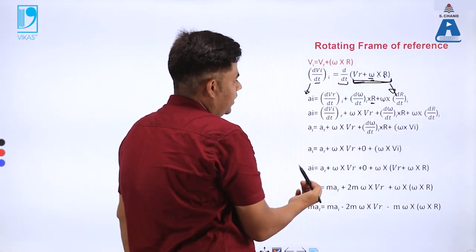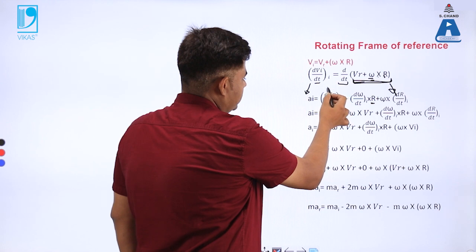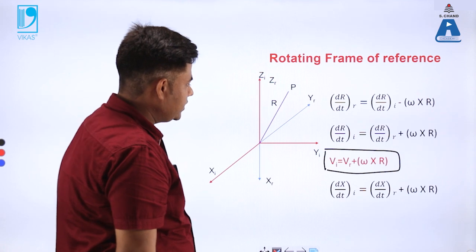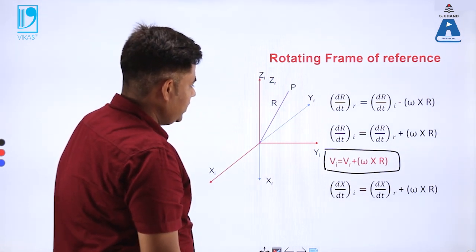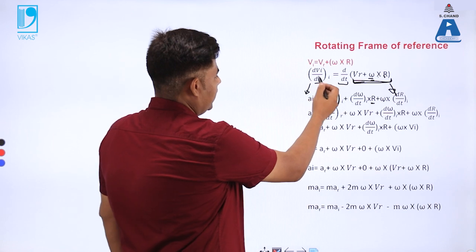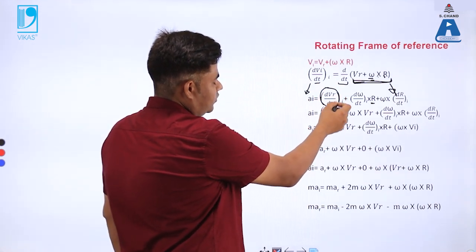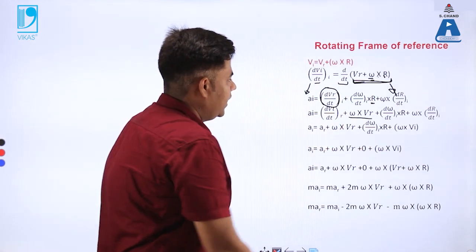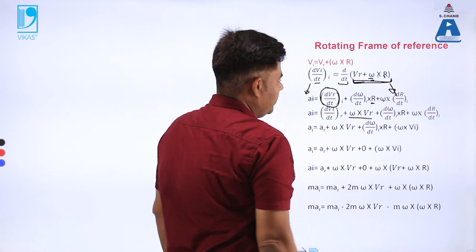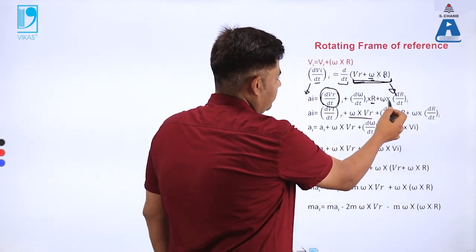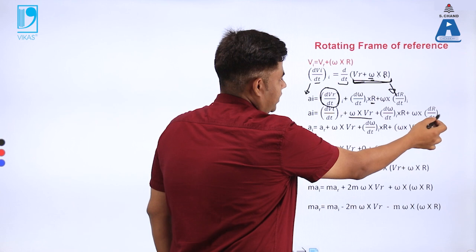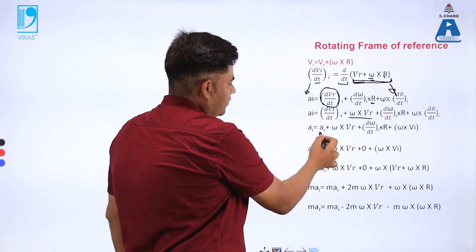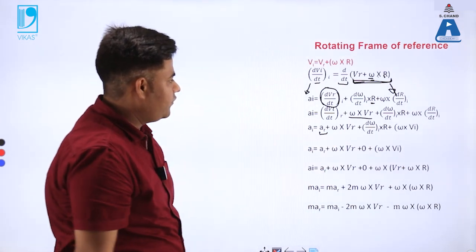Now I need to substitute this dv by dt value. I have got this expression previously, so I can put in the value, which is dvr by dt plus omega cross vr, and this remains the same, which is d omega by dt cross r plus omega cross dr by dt for the inertial frame. So dvr by dt would be termed as the acceleration for the rotating frame of reference.